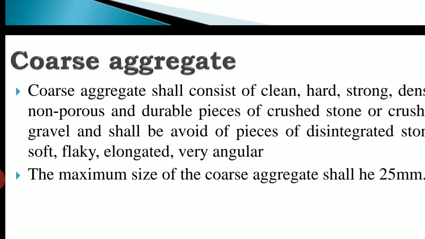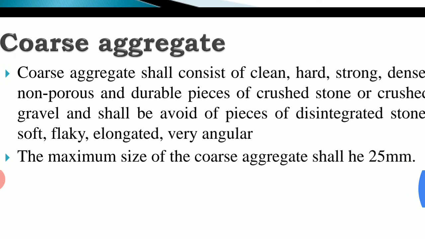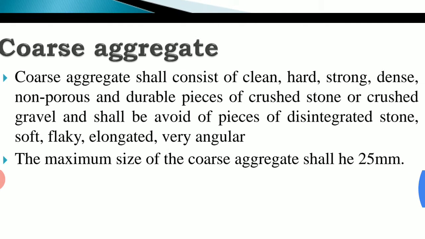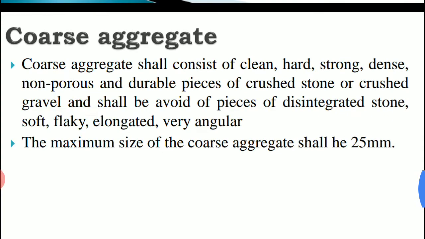And coarse aggregate shall consist of clean, hard, strong, dense, non-porous and durable pieces of crushed stone or crushed gravel, and shall be free of pieces of disintegrated stone. Disintegrated, in the sense that because of chemical attack, some part of the stone may deteriorate, right?